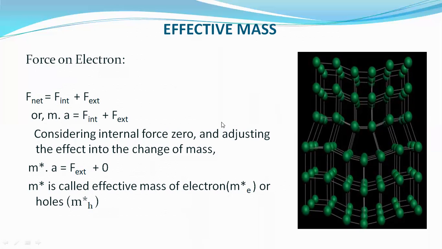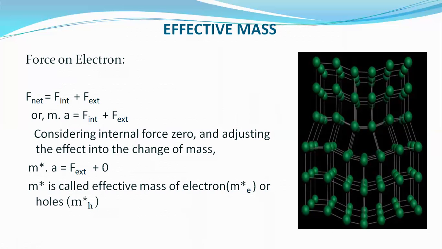So m into a is the total force applied, F internal plus F external. Now, considering internal force as 0, what will happen when we calculate the forces on the electron? We can measure the acceleration, but we can't practically measure the binding energy. So we have to adjust for that binding energy somehow.